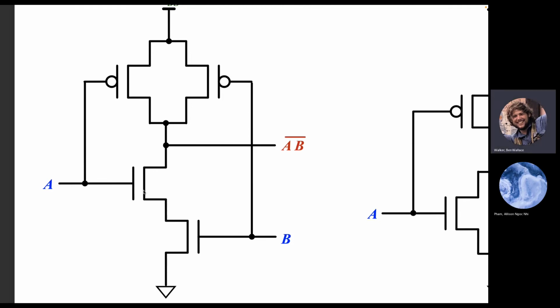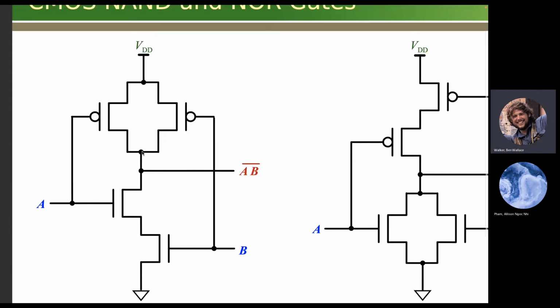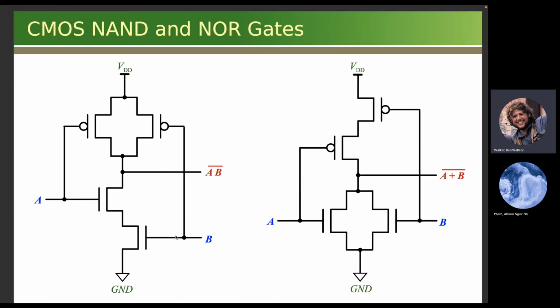If either A or B is 0, the signal can't be pulled down because one of these is open, but it gets pulled up. That's the exact truth table for NAND. The only time NAND is 0 is when both inputs are 1.